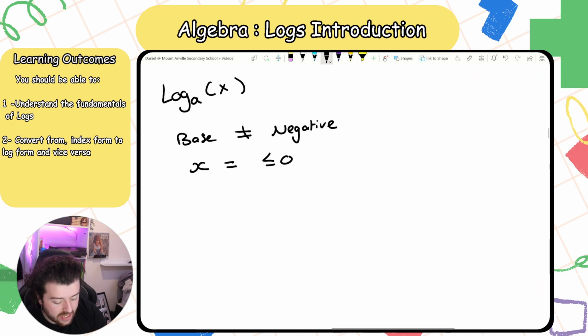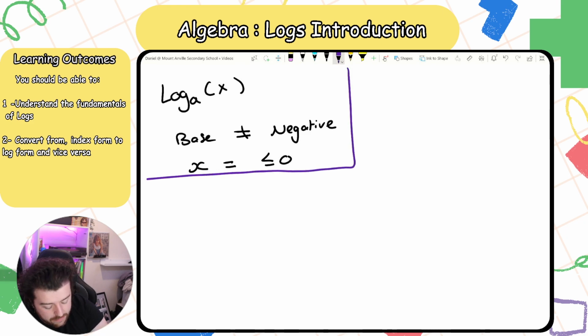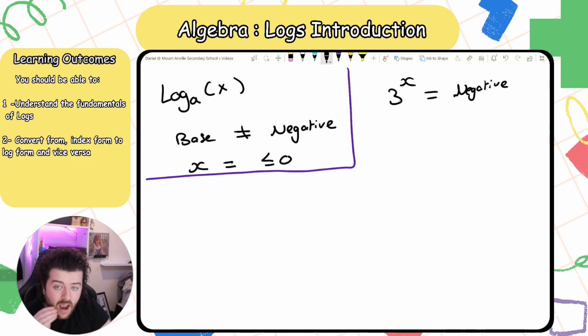The reason why I'll show you in a later video on logs, but the simplest way is we can't have a negative number in here. For example, let's use 3. 3 to the power of x equals a negative number. No matter how hard I try, I can never make 3 to the x a negative number. There's going to be no number x which will give me a negative number here.